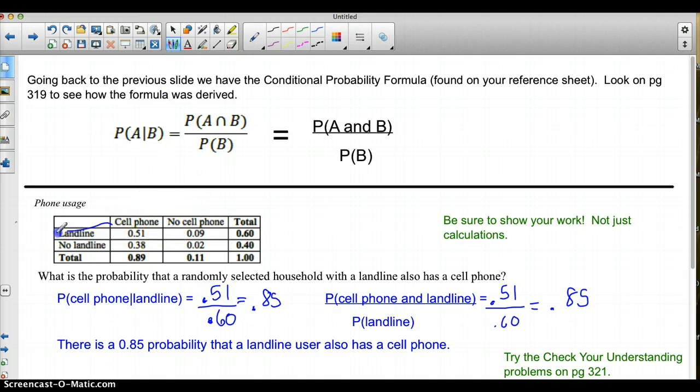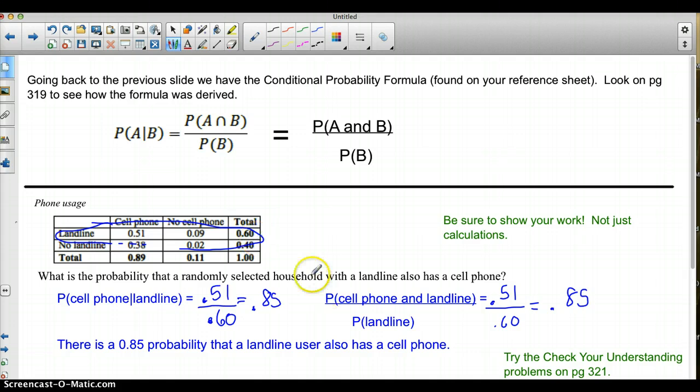So we have this first row of our table going across. We have the landline, cell phone is 0.51, the total is 0.60. You do the division, you get 0.85. Or you can apply the conditional probability formula, where you have the probability of having a cell phone and a landline being 0.51, which is here in our table, over the probability of having a landline, which is 0.60.